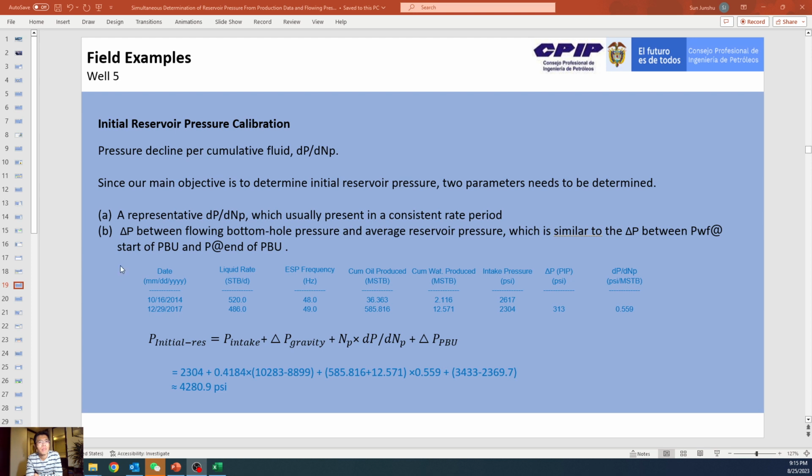Second, delta P between the flowing bottom hole pressure and average reservoir pressure. Here, we assume this delta P is similar to the delta P between the flowing pressure at the start of the buildup and the pressure at the end of the buildup.